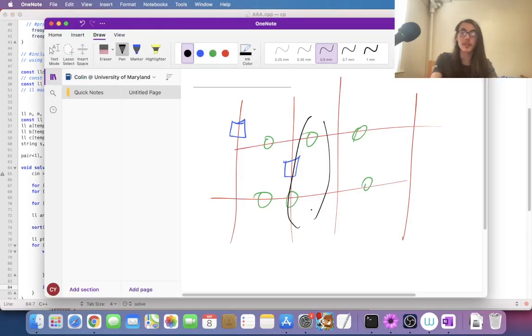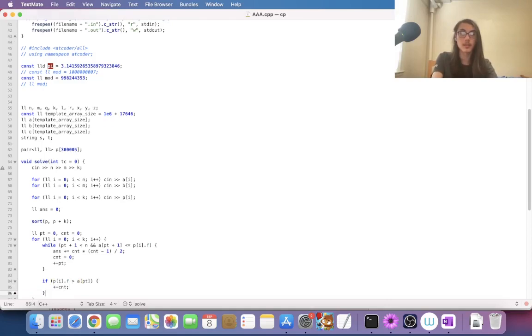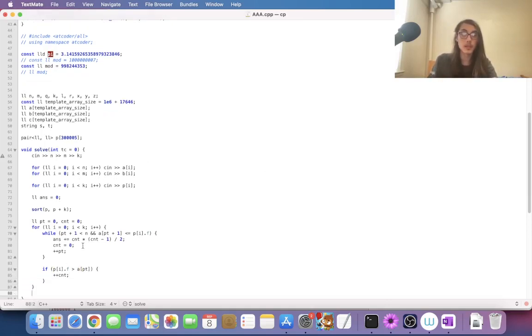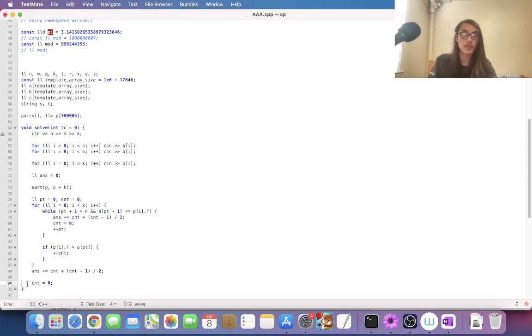So only if we're strictly greater than the coordinate at the pointer. So if pi dot first, our person's x-coordinate, is greater than a point, then and only then increase the count. Then we do it a final time.